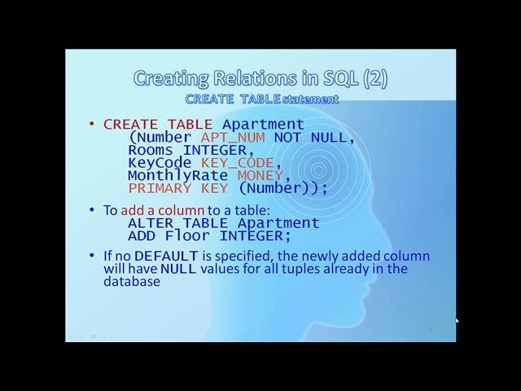Rooms, integer; keyCode, the domain keyCode; monthly rate, money; primary key, number. The next example shows us how we can add a column to a table. Alter table apartment add flu integer.